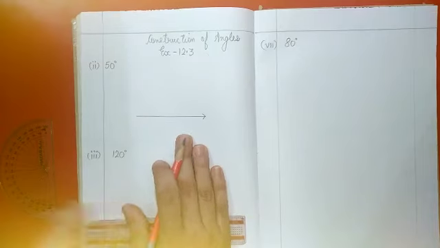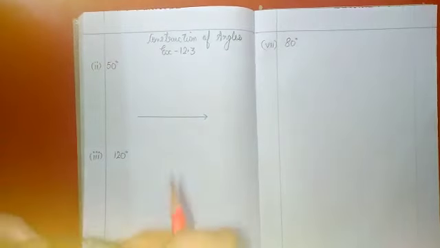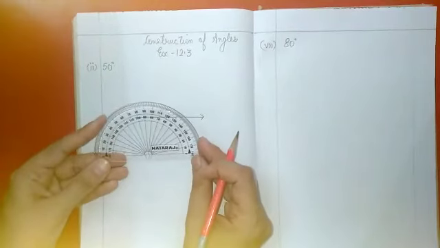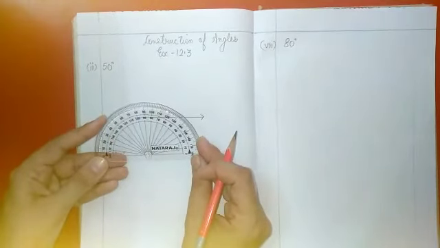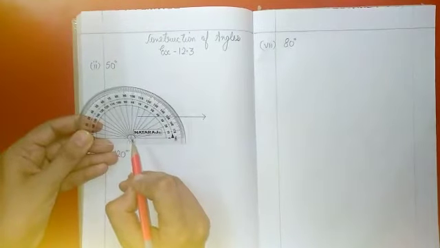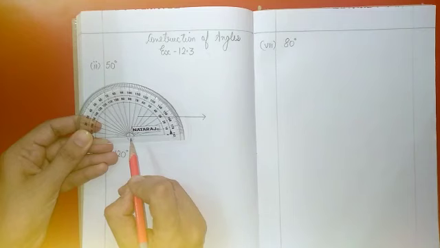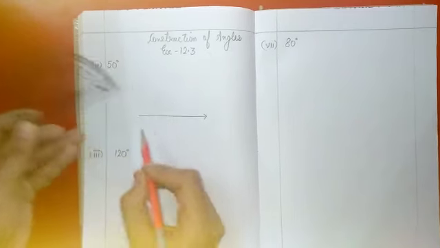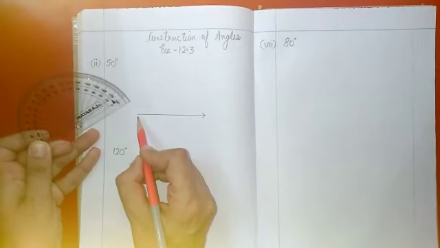Now the second step: let's all take out the protractor. We all know that this is a protractor, which helps us to draw particular angles. If you focus on this center point, which is also called the origin, you have to match this center point of the protractor with the initial point of your ray.